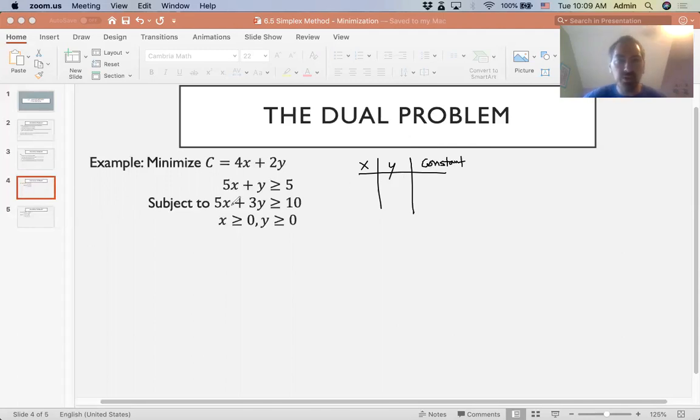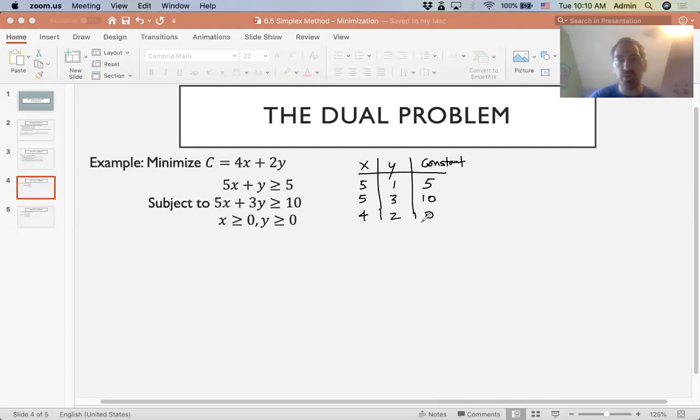Your constraints: 5x plus 1y greater than or equal to 5, so 5, 1, 5, and then 5x plus 3y greater than or equal to 10. And also list out your objective function, 4x plus 2y equal to a constant of 0.